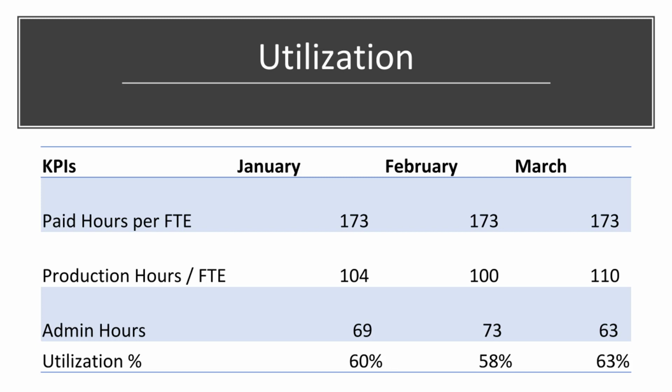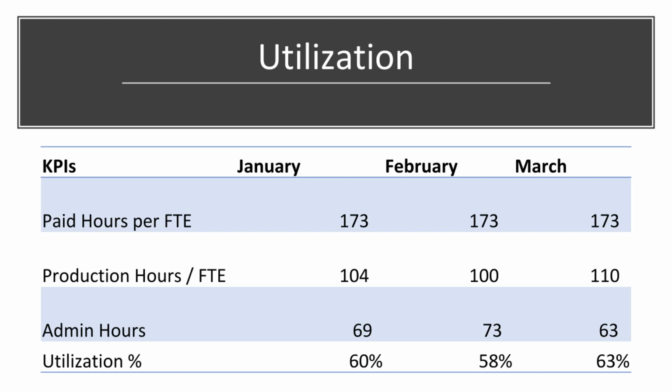The paid hours per FTE is assumed to be 173 per month here. The production hours each FTE works varies. Production hours per FTE is averaging out here to 104 in one month, 100 another month, 110 in another month. And the implication is the remaining hours are the time that people are spending on average on admin functions, right?